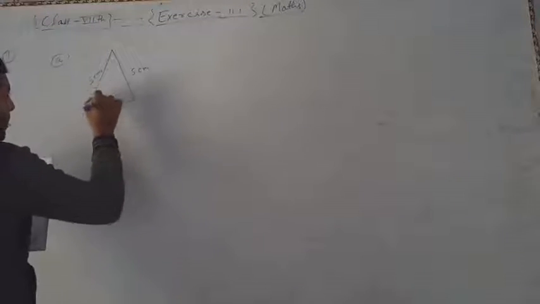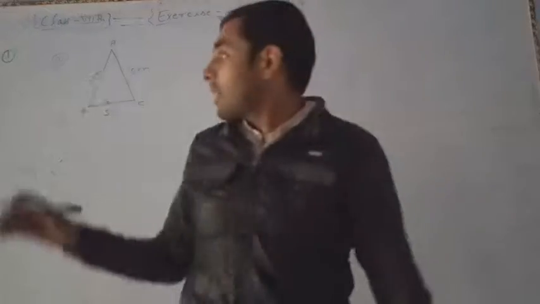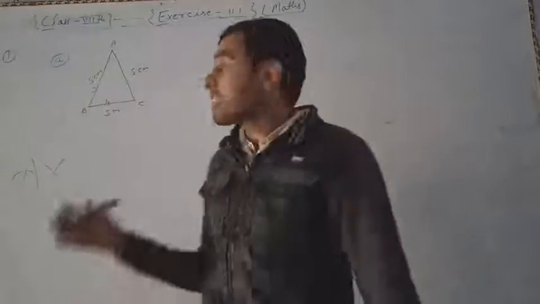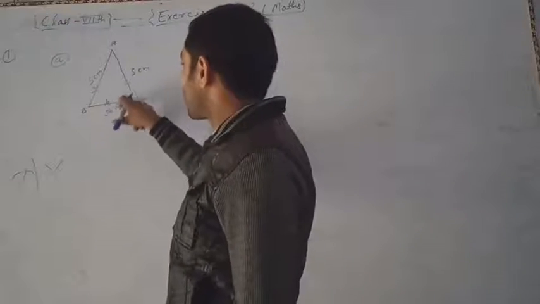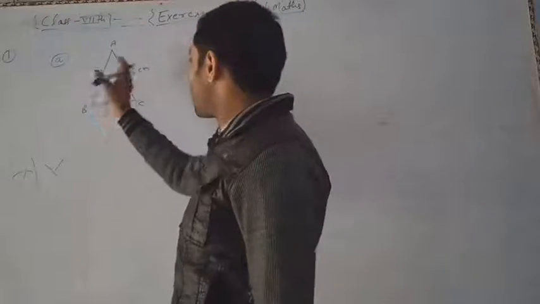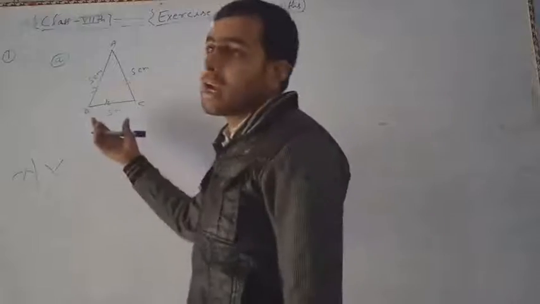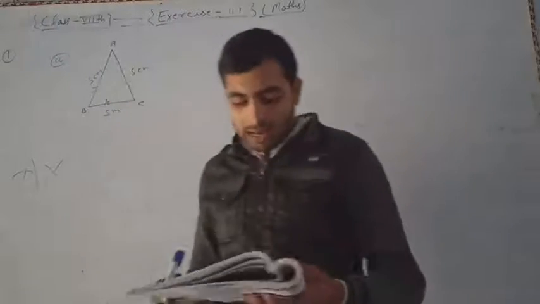That means the three sides of the triangle are equal. We name it A, B and C. So this type of triangle is known as an equilateral triangle, because in an equilateral triangle all three sides are the same.